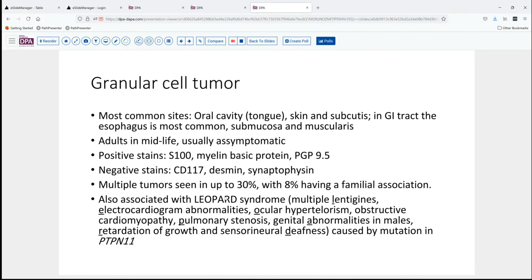One of the familial syndromes with which this is associated is so-called LEOPARD syndrome, which is caused by a mutation in the PTPN11 gene. This acronym is derived from lentigines, electrocardiographic abnormalities, ocular hypertelorism, obstructive cardiomyopathy, pulmonary stenosis, genital abnormalities, retardation of growth, and sensorineural deafness.